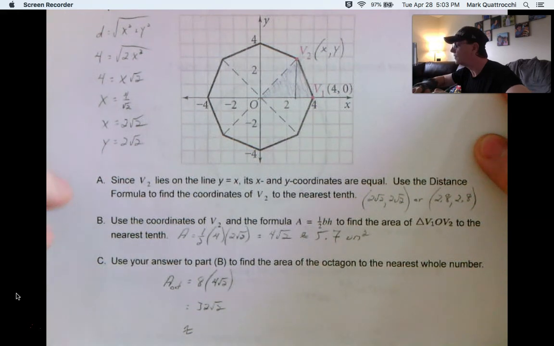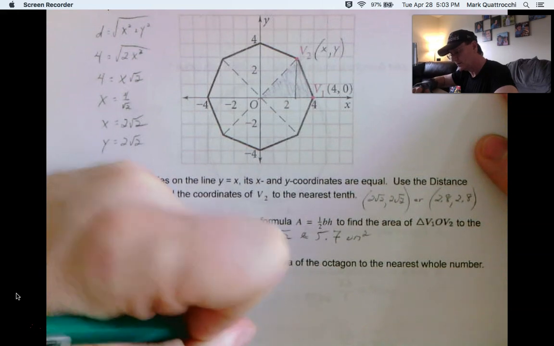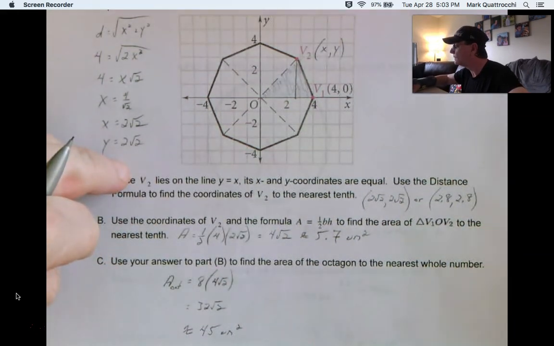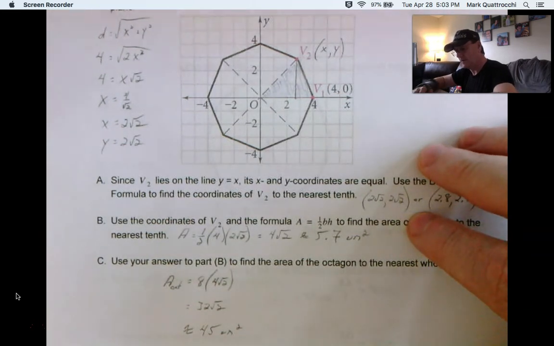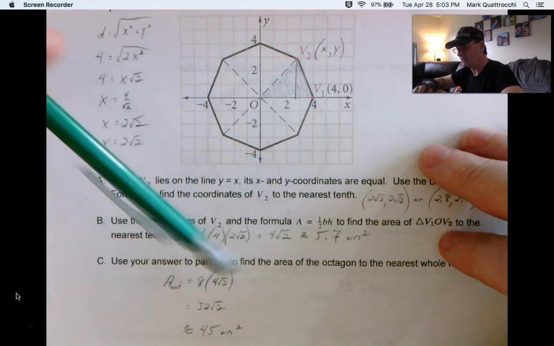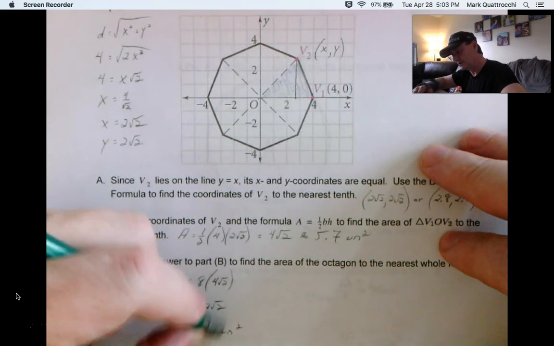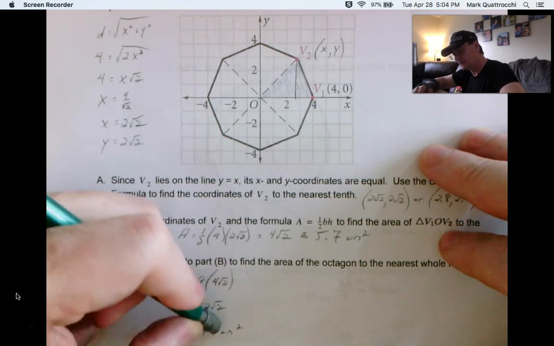45. Round to the nearest whole number, it's 45 units squared. 7 times 8. If we do the 5.7, which it does say use our part B answer, so I'm using the 5.7, it actually does round up to 46.